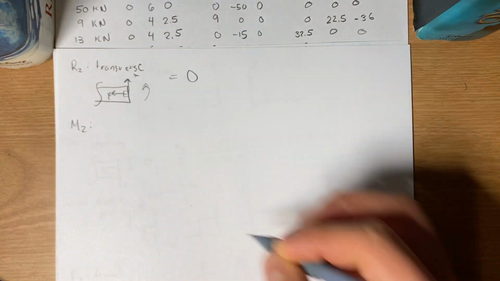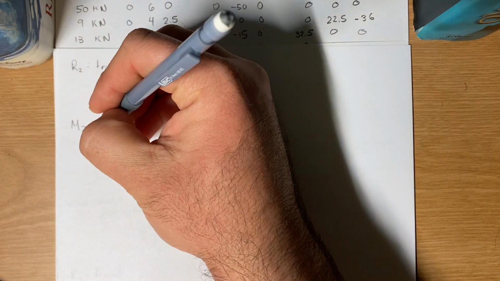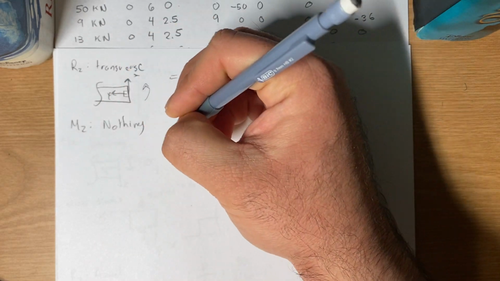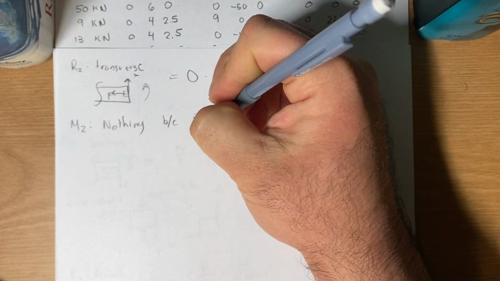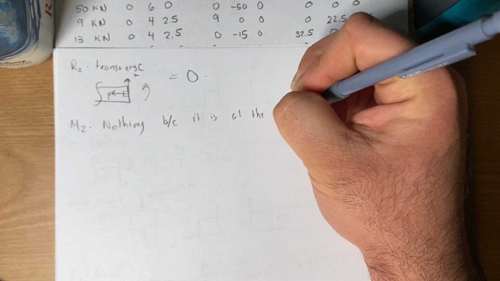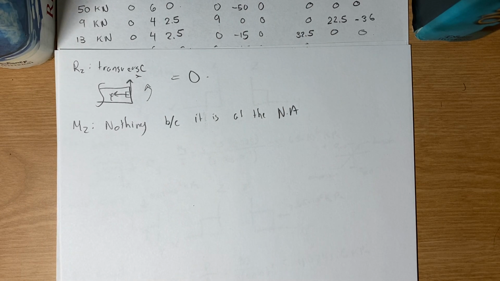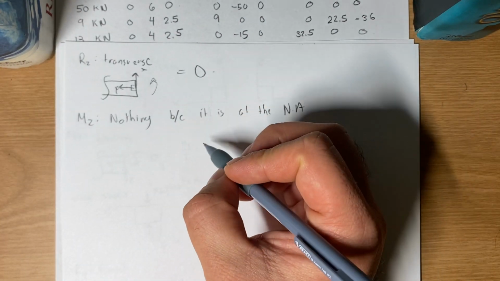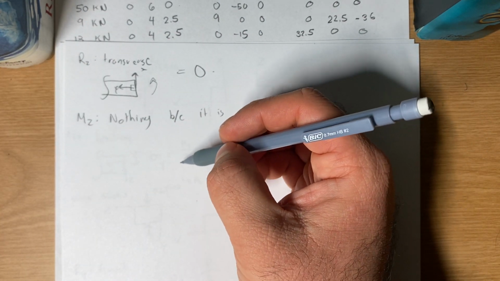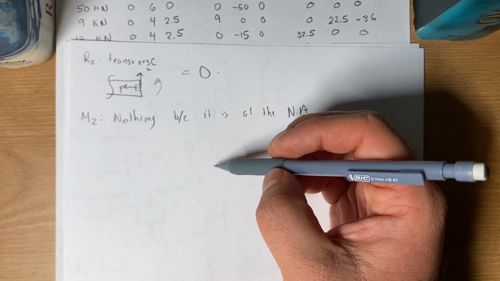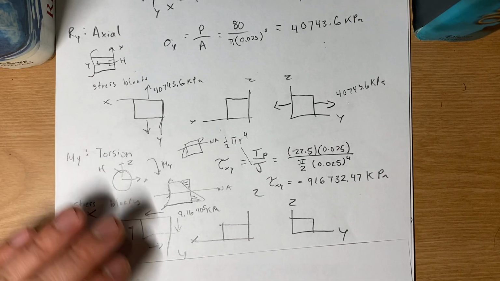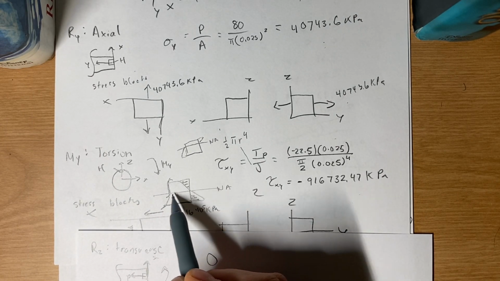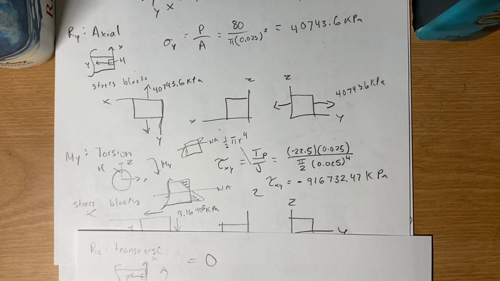Now for my MZ, I know nothing occurs here because it is at the neutral axis. As I was explaining with the other one, with the moment, the pictures that I drew right here, at my neutral axis, say my neutral axis is Z in this case.